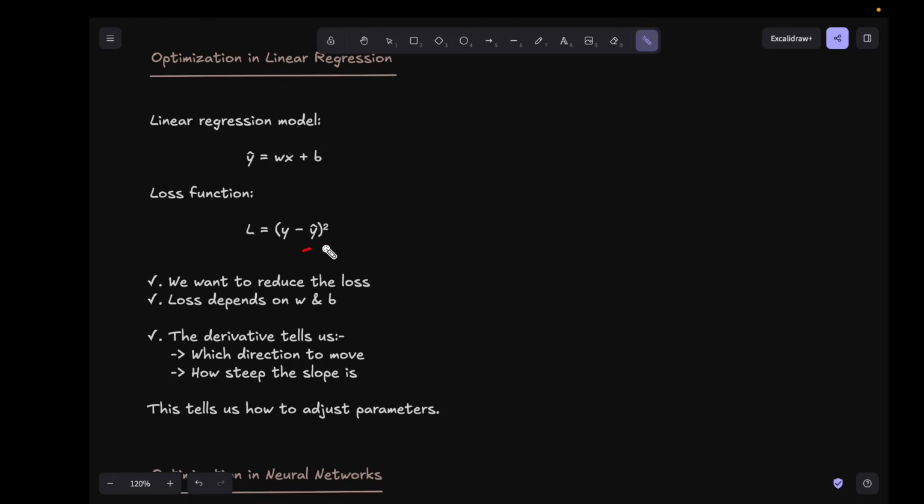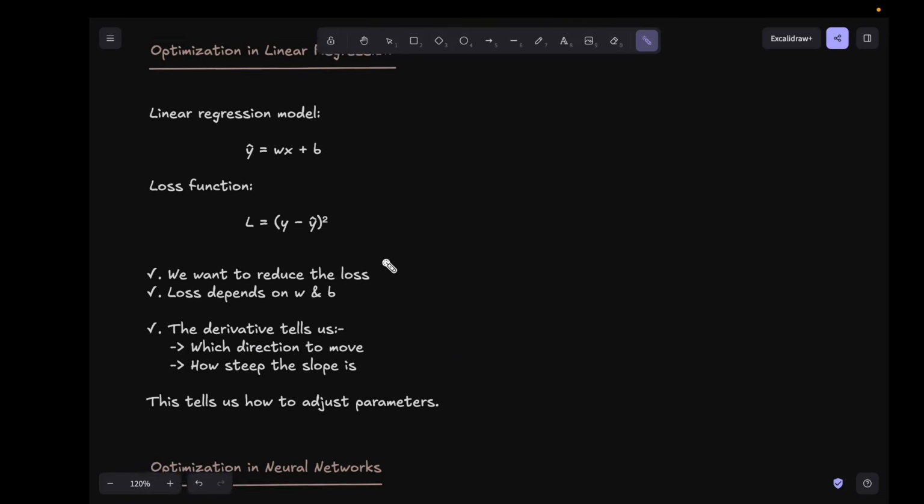The loss function usually depends on w and b. The loss function depends on y cap, the predicted output we get from the model, and y cap equals wx plus b. So y cap depends on w and b, and so the loss function also depends on the weight and the bias.